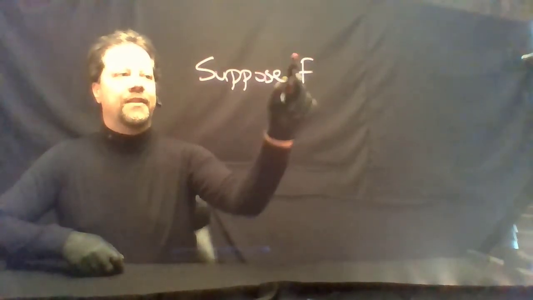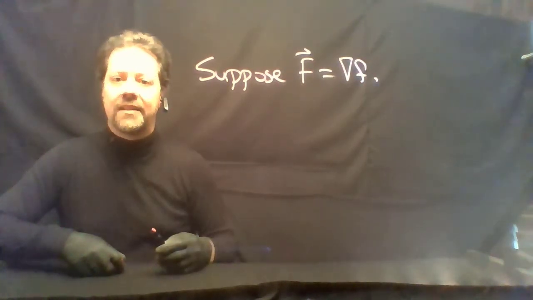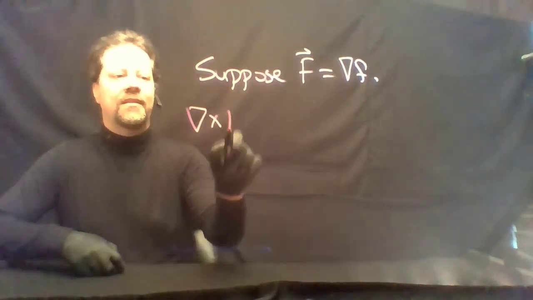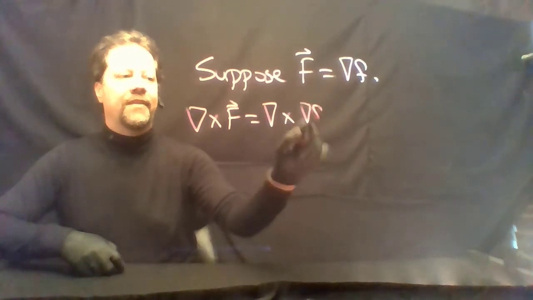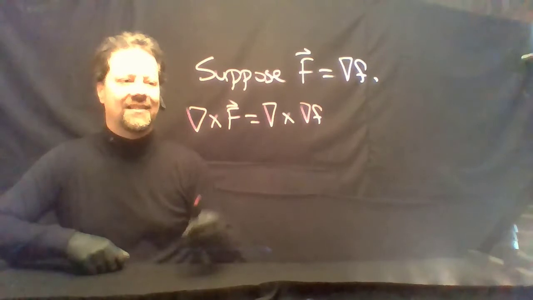Suppose you have a vector field that is conservative, which means it's the gradient of a scalar potential. I would like to look at the curl of such a vector field. The curl of a gradient of a scalar potential. What does that look like?